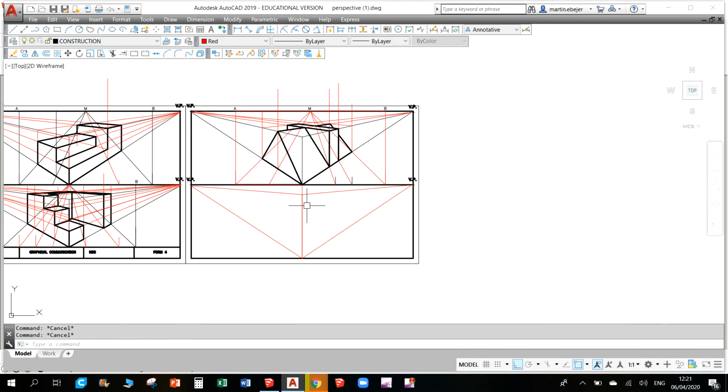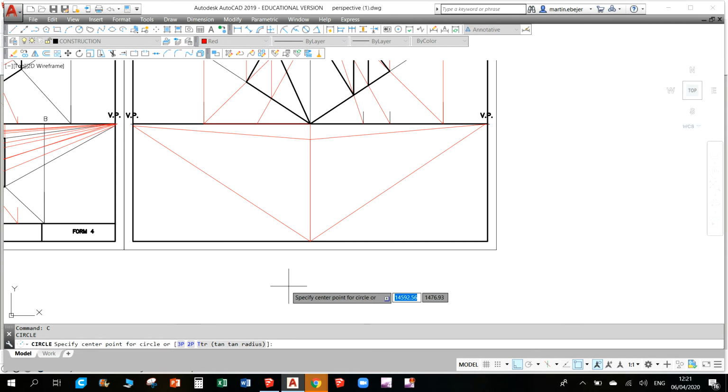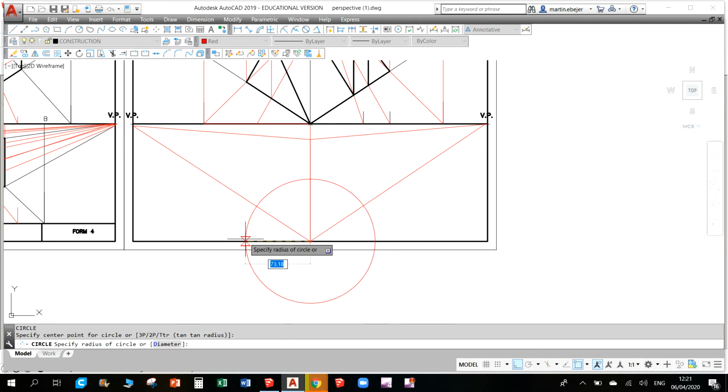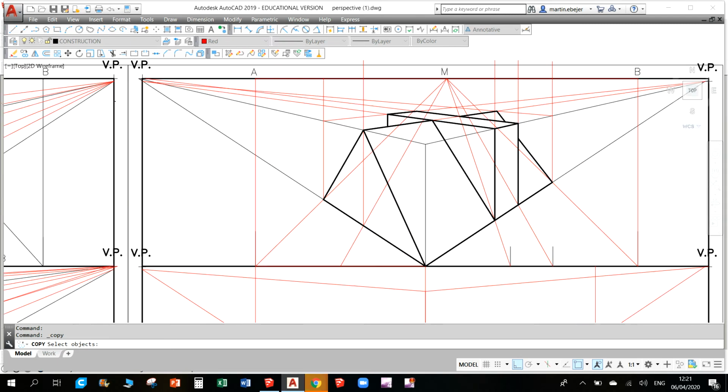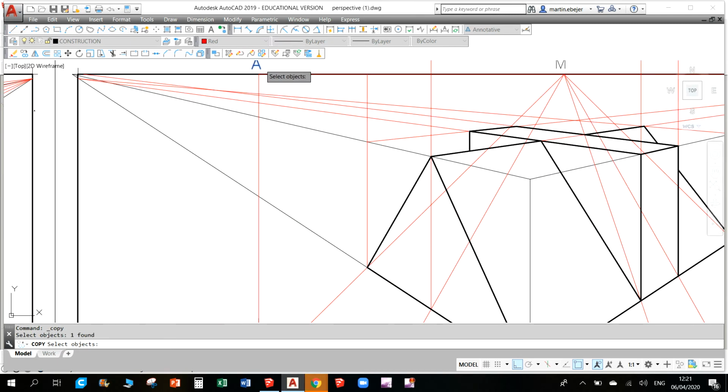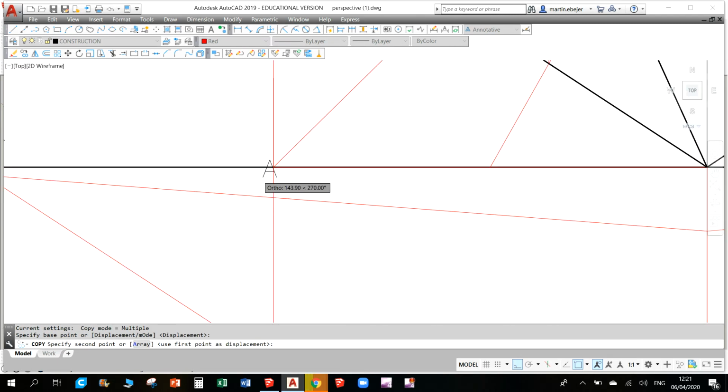Okay, I'm gonna place the 120 in the bottom line, which is gonna act as the ruler. From here I'm going up, from here I'm going up. Okay, this is my point A over here.